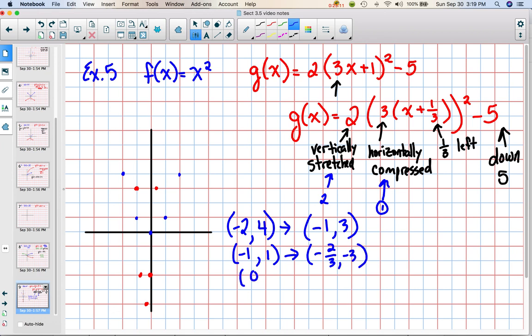The point 0, 0 went to the point -1/3, -5. The point 1, 1 went to the point, where did we go next? 0, -3. And the point 2, 4 went to the point 1/3, 3.